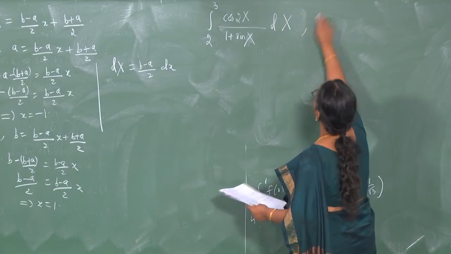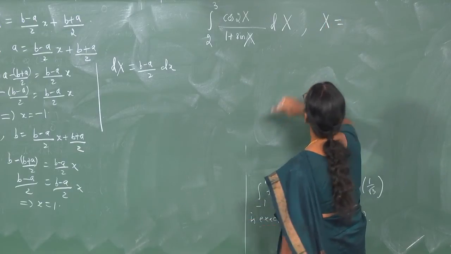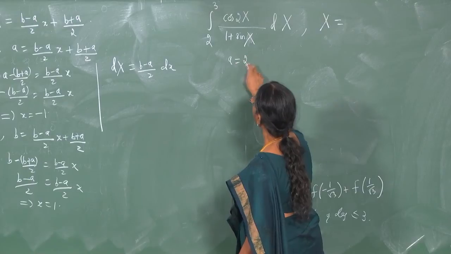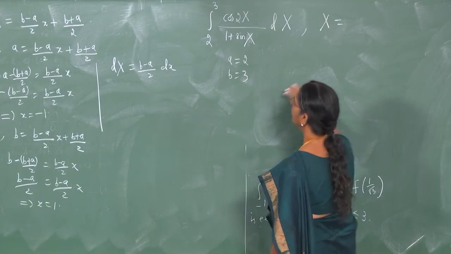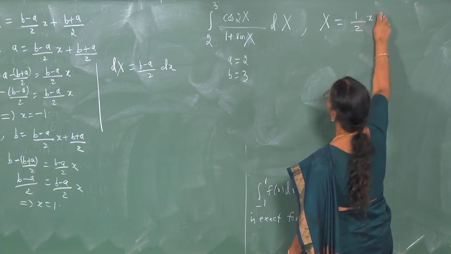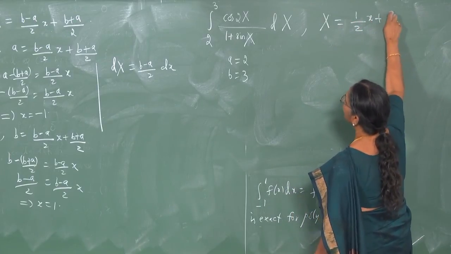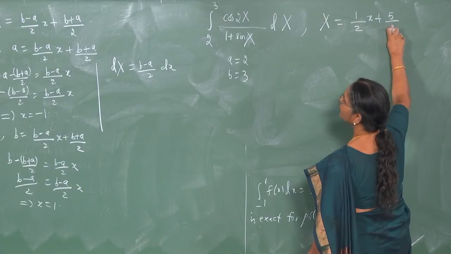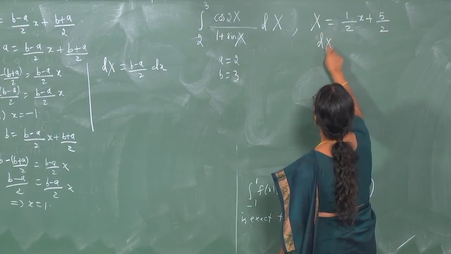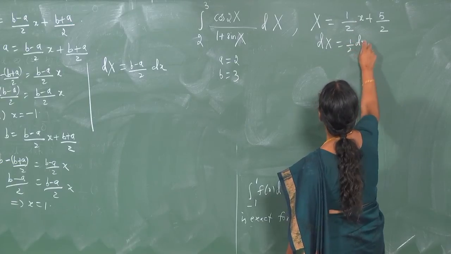So, we write down the transformation. X is b minus a by 2 into x plus b plus a by 2. So, a is 2, b is 3. So, b minus a, so 1 by 2 into x plus b plus a, so 2 plus 3, so 5 by 2. So, this is the transformation, and dx is half d small x.